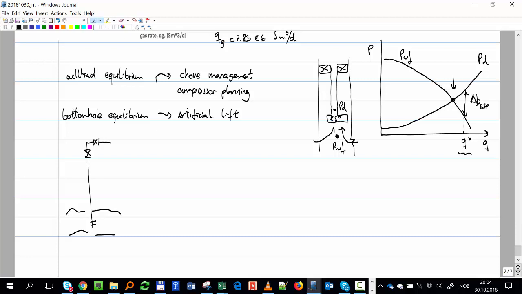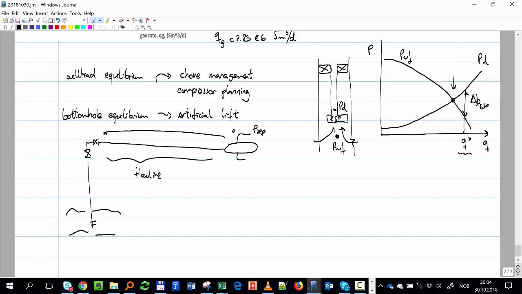But in some cases you have a pipeline which is relatively long. You have a flow line. And then the point with constant pressure is no longer the wellhead, but you have it all the way here. So you have to make your equilibrium now including flow in the flow line.